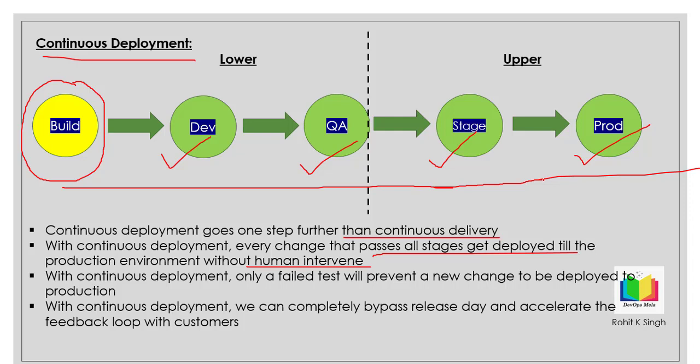Tightly coupled means it's very difficult to make it separate. Loosely coupled, one module is running in one pod, the other module is running in another pod, and it's all loosely coupled. Okay, so that is the major change at the infra level, at the coding level, which needs to be done if you want to follow the continuous deployment model.